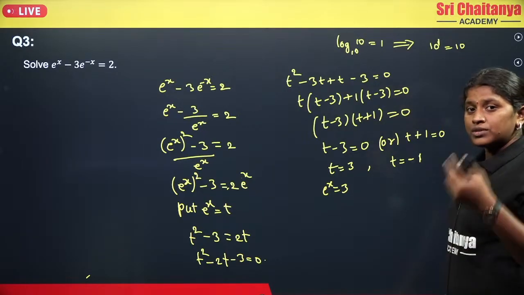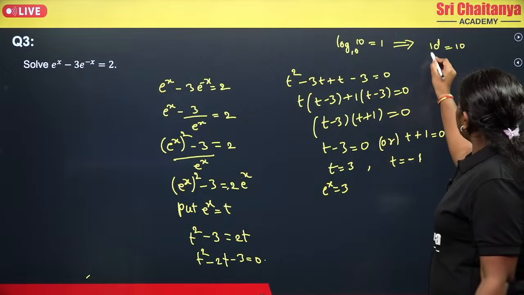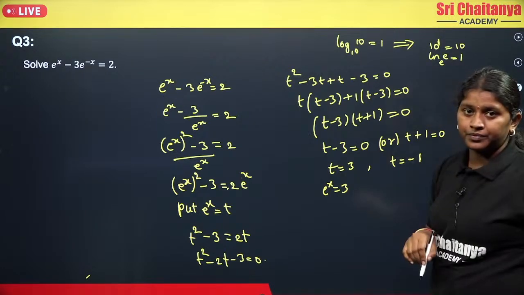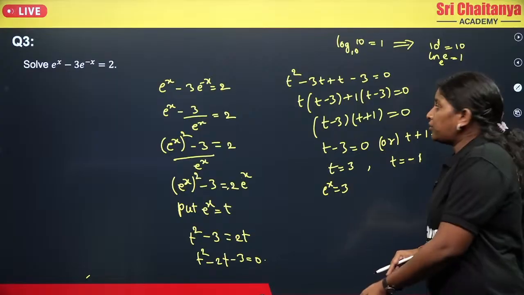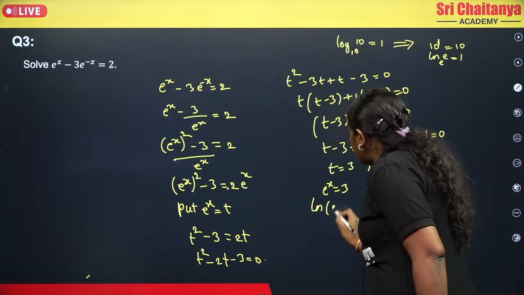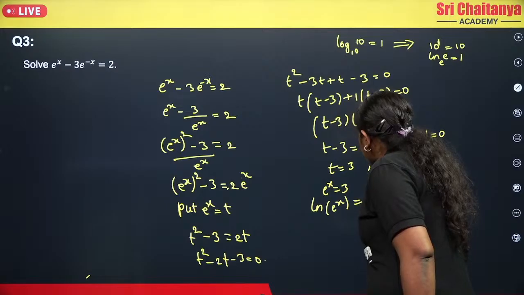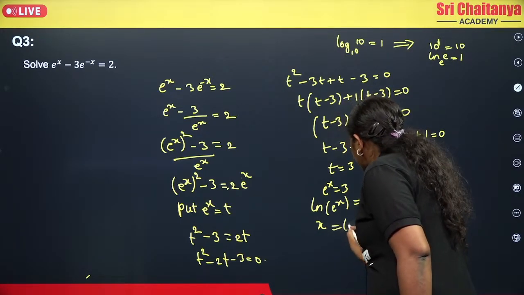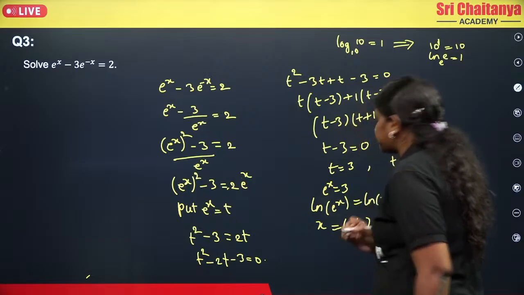Okay, so using the same condition, ln e to the base e gives you 1. Now coming to here, if you apply ln, ln e to the power x equals ln 3. So here it will become x equals ln of 3.